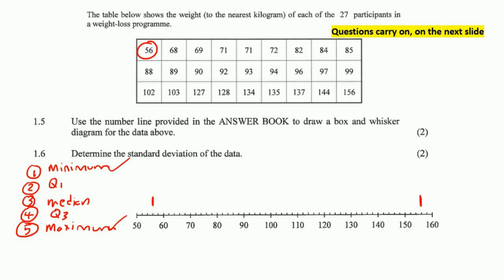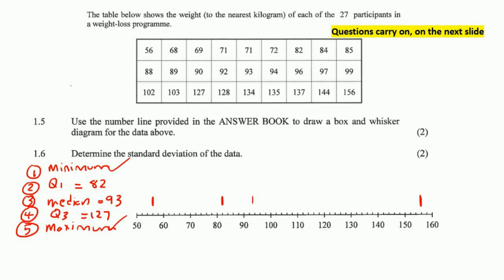Now, Q1 we already worked out as 82. The median we worked out as 93. And then Q3 we worked out as 127. So Q1 is 82, which would be here. Median is 93, so that's going to be in between those two lines.